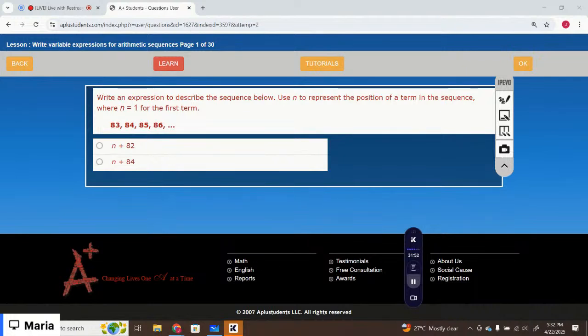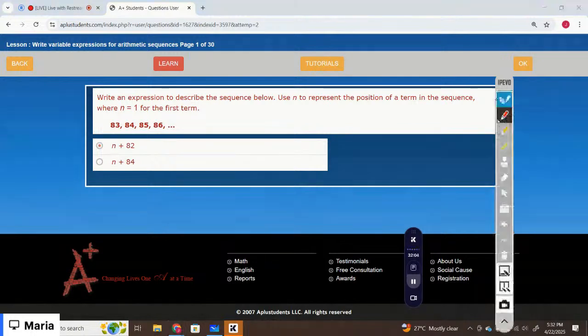The sequence is 83, 84, 85, and 86. 1 plus 82, 2 plus 82, 3 plus 82, and 4 plus 82. Option number 1 is the correct option. You can just check to make sure that it is n plus 82 because you have to start with 1. So that is 1 plus 82, then 2 plus 82, then 3 plus 82, and then 4 plus 82.